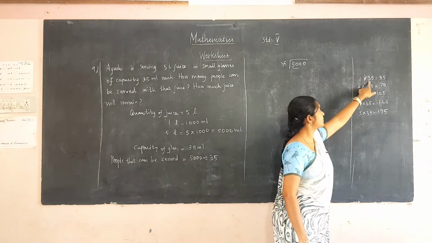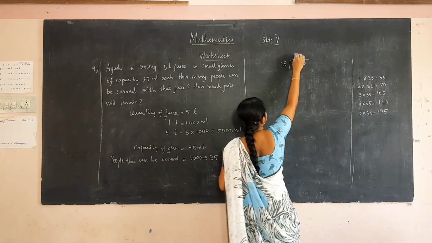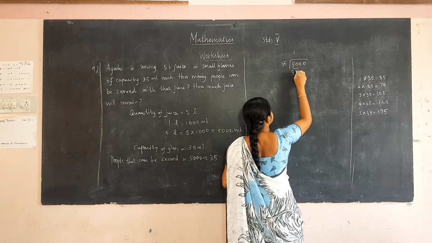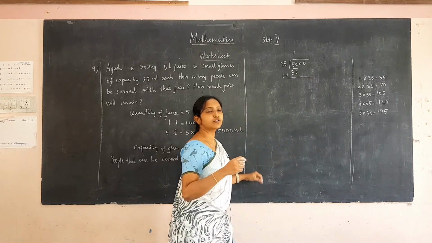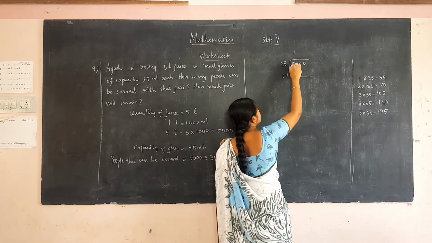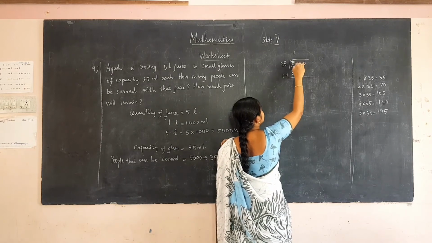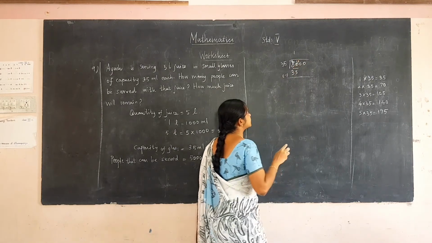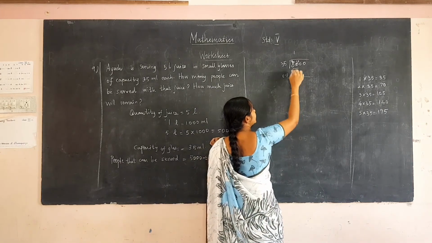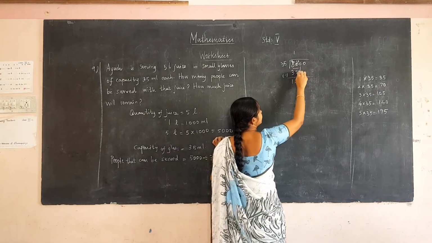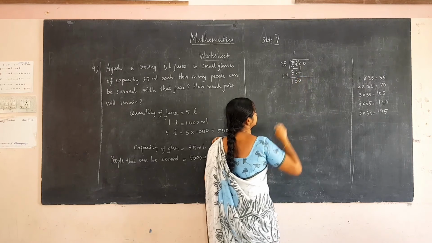So we have to stop here. 1 times 35 is 35. Now subtract. We have to borrow from the previous number. So 5 will be changed to 4 and 0 will be changed to 10. 10 minus 5 is 5. 4 minus 3 is 1. Now bring down this 0.